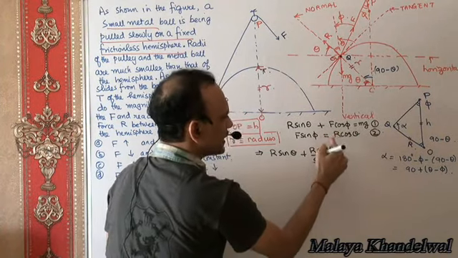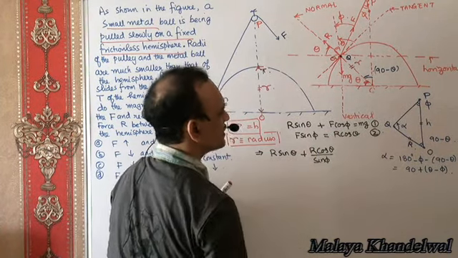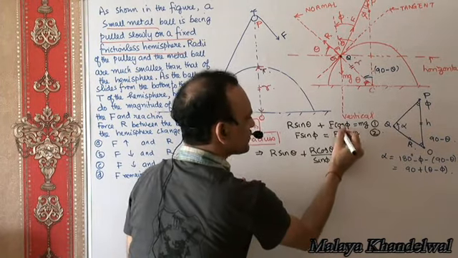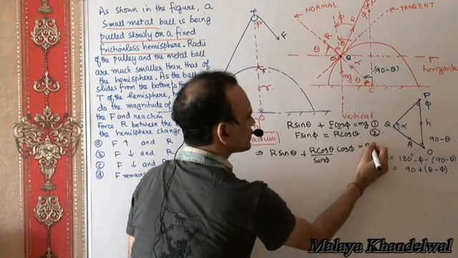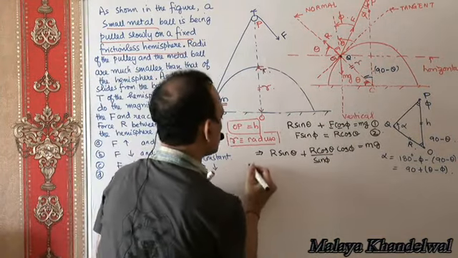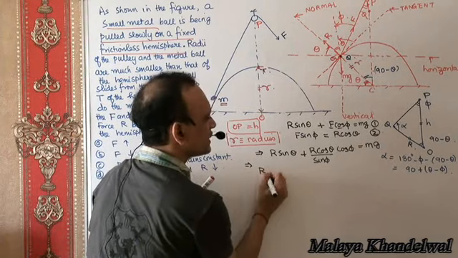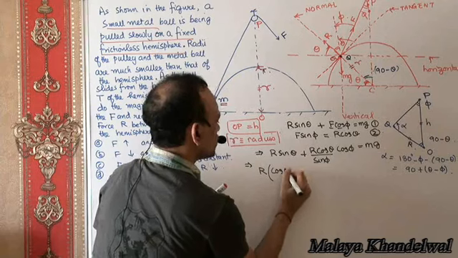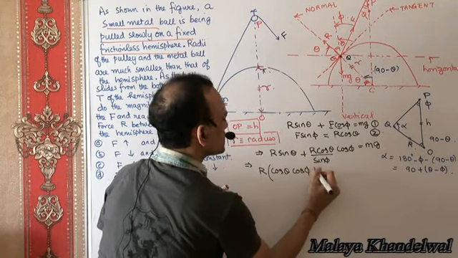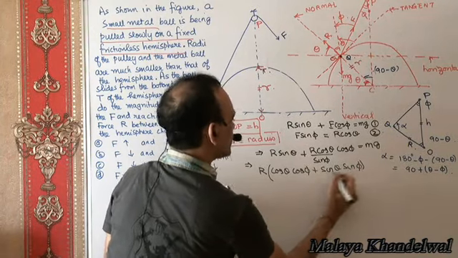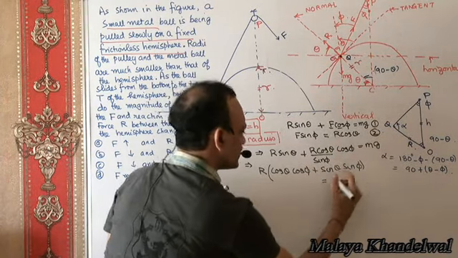The F here I write as R cos theta by sin phi, into cos phi, F cos phi equal to mg. That is, from these two equations I have eliminated F. So let's see what it turns out to be. R then is like cos theta cos phi plus sin theta sin phi equal to mg sin phi, right?